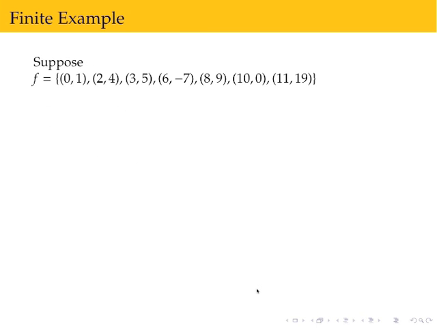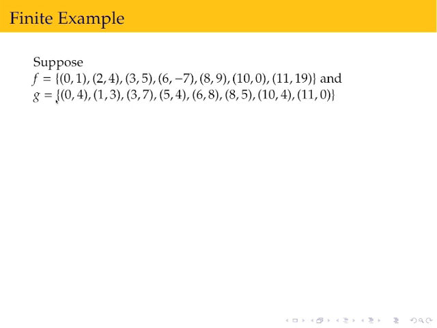So let's have an example. Here is one function f defined as a set of points, and we also have g defined as a set of points. Notice that these two functions don't have the exact same domain.